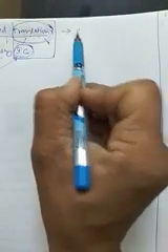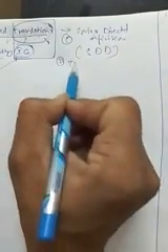In syntax directed translation there are two things. First one is the syntax directed definition, that is also called SDD, and second one is the translation scheme.